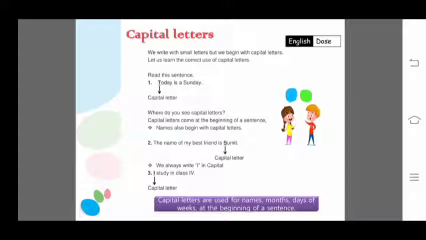What is the second rule? Names also begin with capital letters. Which name takes the first letter capital? Proper name or the common name? Proper name. Definitely, a proper name begins with capital letters.